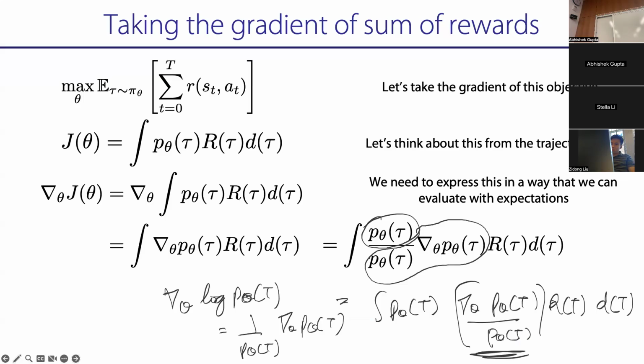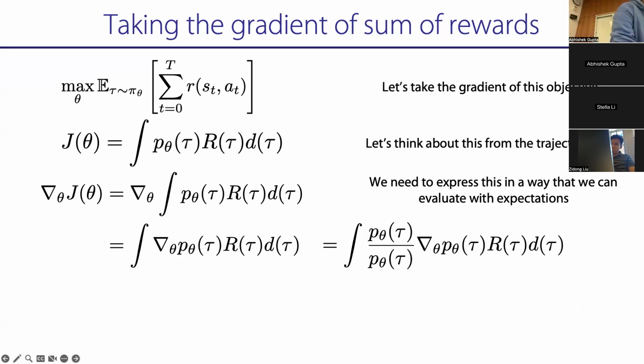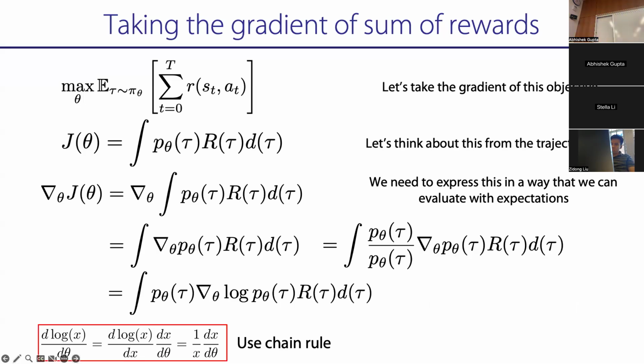I noticed that grad p by p is just grad log. So I can rewrite this as the integral of p theta tau, grad theta log p theta tau, times r tau, d tau. All we did was multiply and divide and use the chain rule.